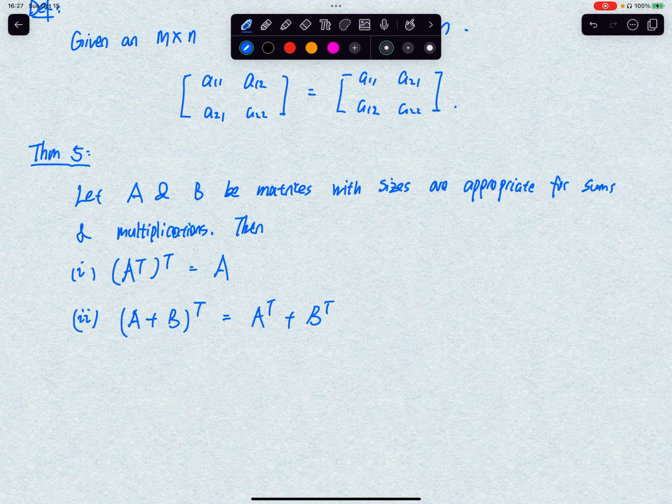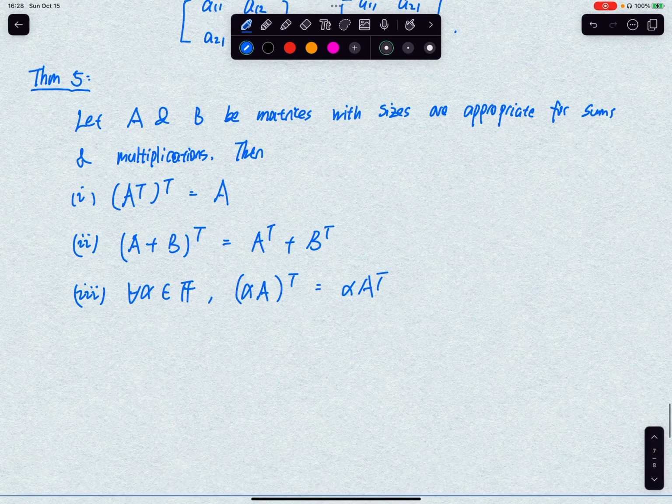So the transpose of the sum equals the sum of the transposes. And thirdly, for the scalars, (alpha A)^T equals alpha times A^T. But for the multiplication, we have the order reversed.